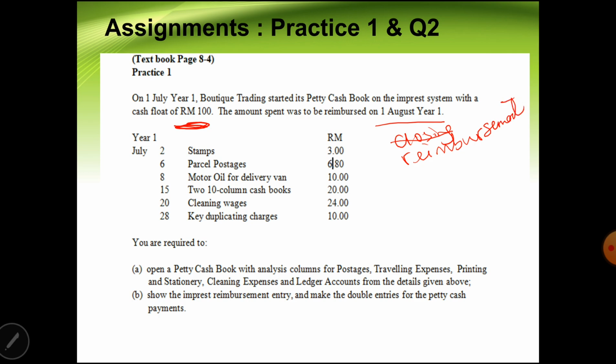Okay, but surprisingly you're not given any balance PD. No opening balance. There's no opening balance PD for this question.